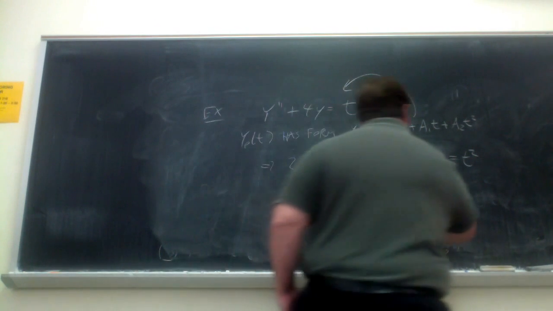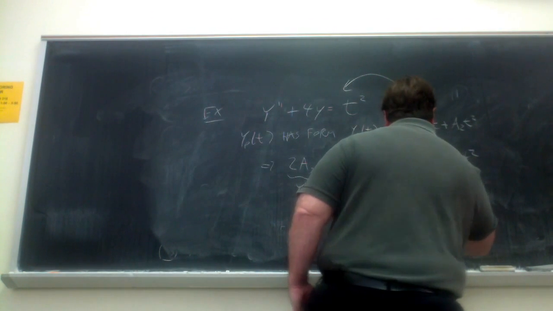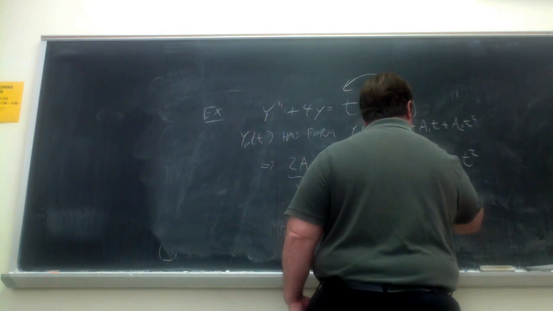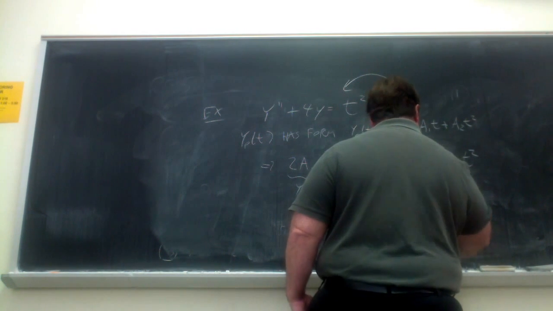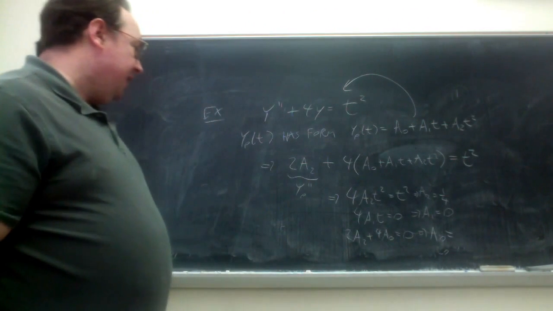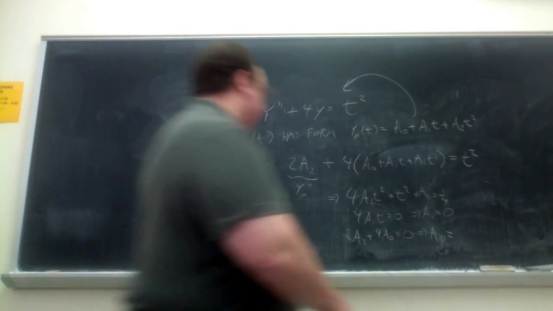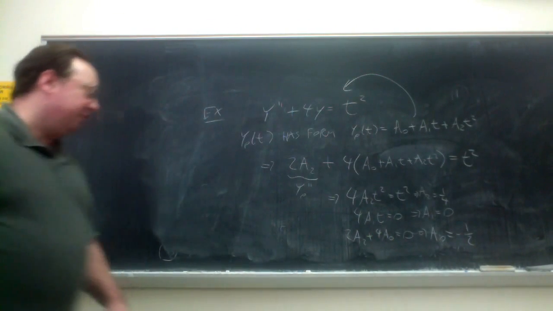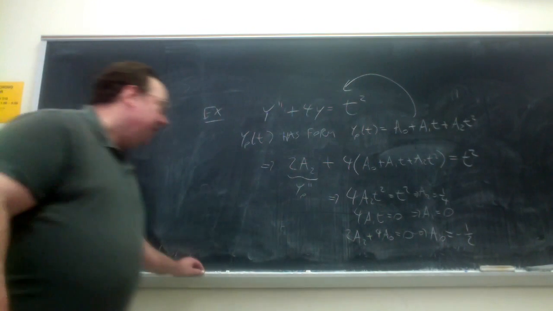So a1 is certainly 0, and then a2 must be 1/4, and then a0 has to be minus 1/2. Assuming I didn't make a dumb mistake on the fly, because I know I'm out of time.